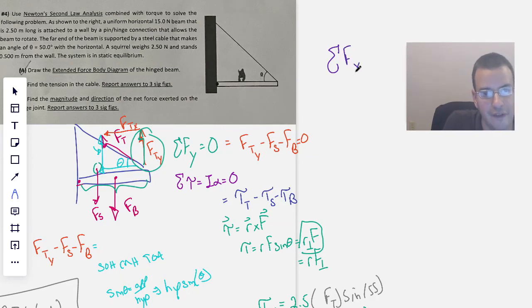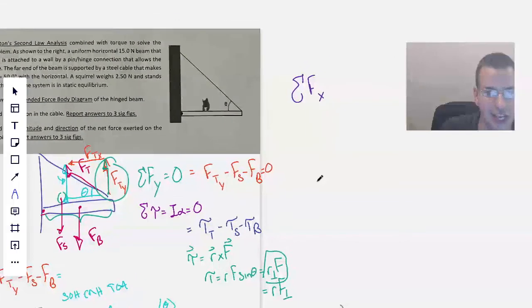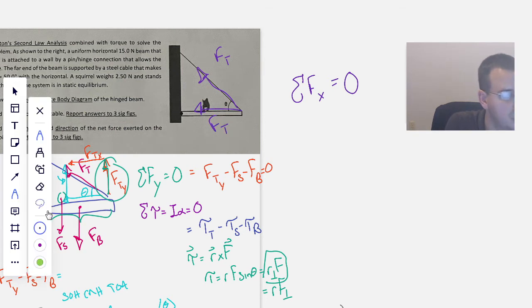The sum of all forces in the x direction, since the system, the beam, the squirrel, and such, is not moving, is in equilibrium, is equal to 0. So all the forces to the left will equal all the forces to the right. We have this force tension going this way, which means we have the force tension x to the left, which means we have a force to the right as well.